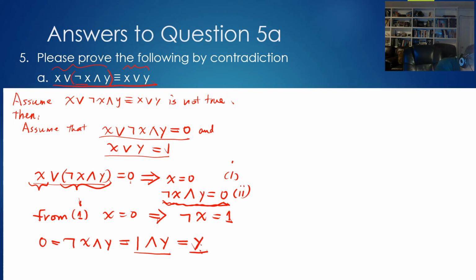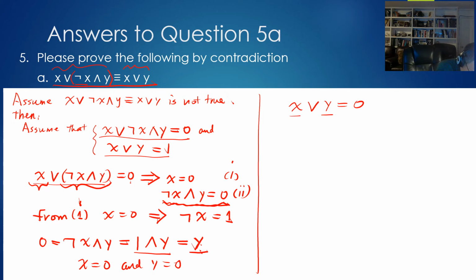So if we assume this is the case, then we will get x equals 0 and y equals 0. What does that mean? If x equals 0 and y equals 0, that means x or y must be 0, right? Because x is 0, y is 0, then this is 0. Now what's the problem?